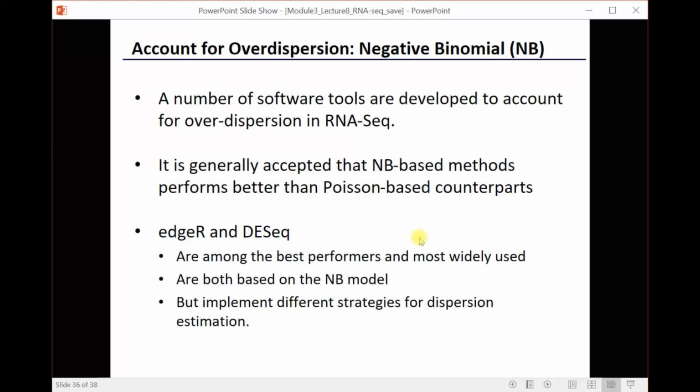It is generally accepted that negative binomial-based methods perform better than Poisson-based counterparts. edgeR and DESeq are both based on the negative binomial distribution, and these two software are among the best performers and the most widely used. The difference is that they implement different strategies for the dispersion estimation.